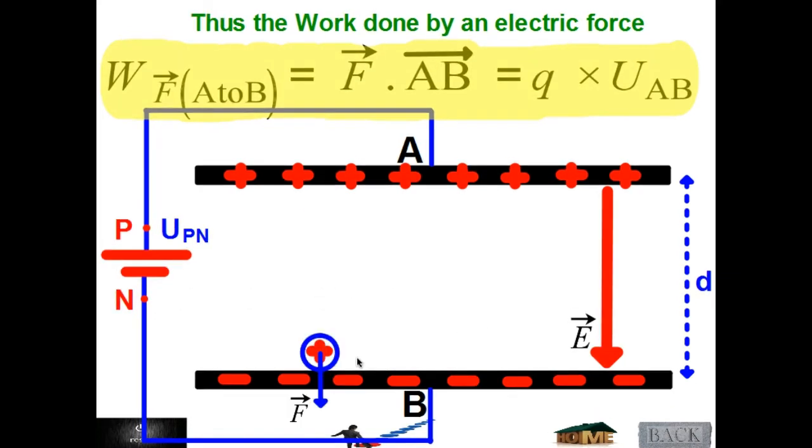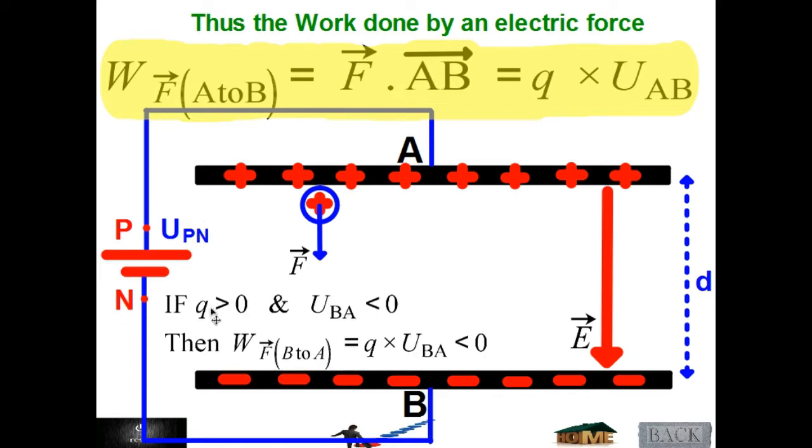But if I force this positive charge to move from the negative plate up to the positive plate, its motion is opposite to the electric force. Since I'm moving from B to A, I will use the potential difference UBA, which is negative now. So here the charge is positive, but UBA is negative.